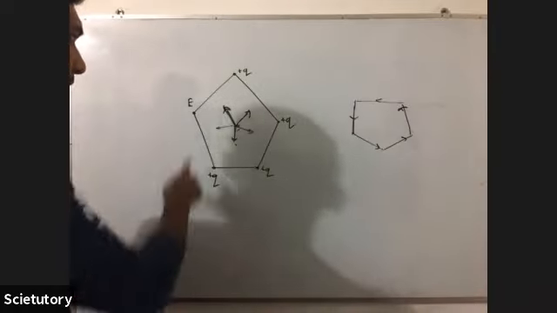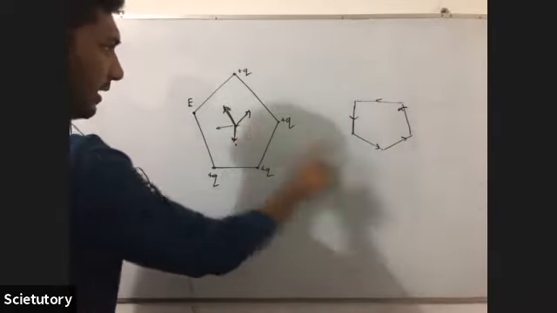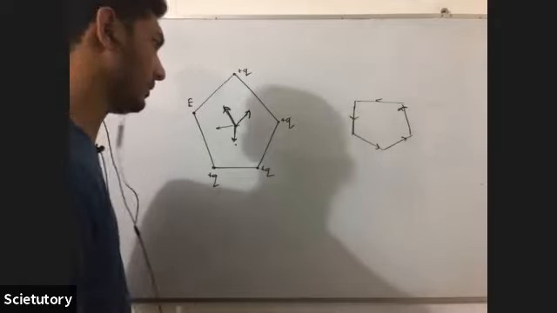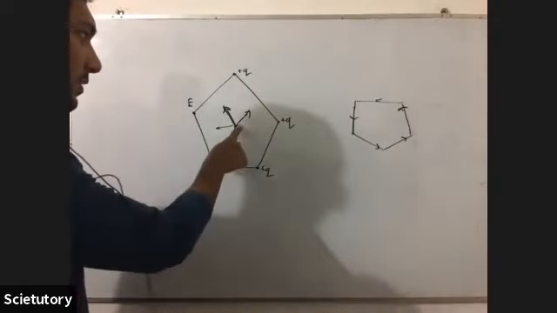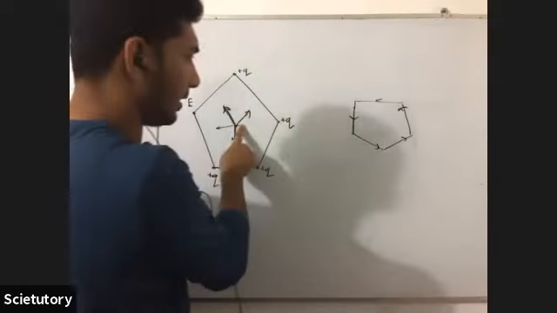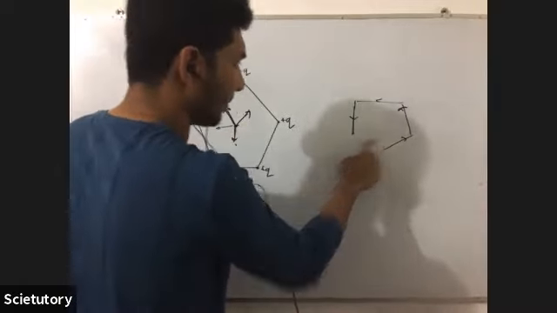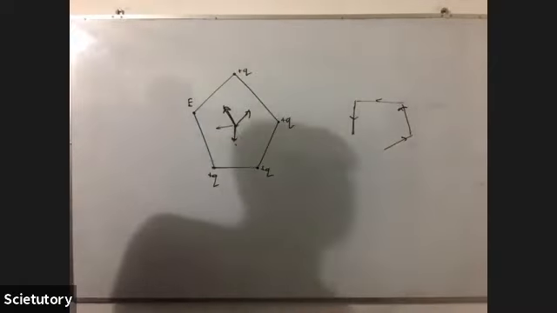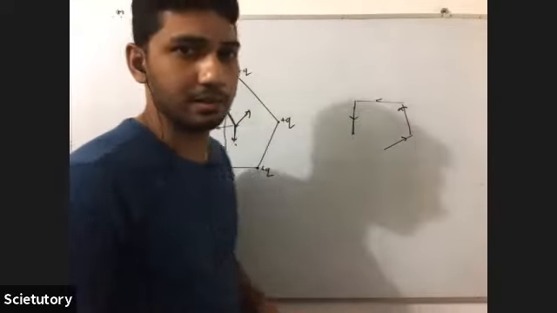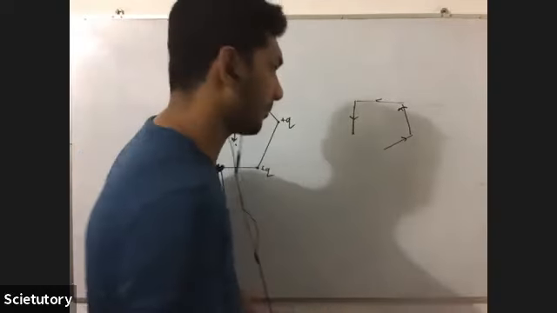If you remove this particular charge, its vector is now removed, so you should erase it. Now in this vector diagram there will be a resultant; there is no equilibrium here.